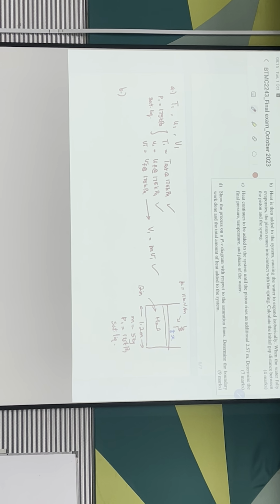And P2 will still be 175 kilopascal. So from here, what do you need to get? You want the specific volume, right? So specific volume will just be Vg at 175 kilopascal.